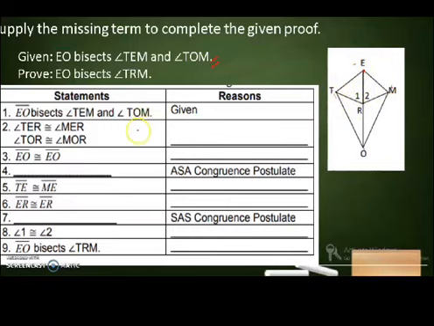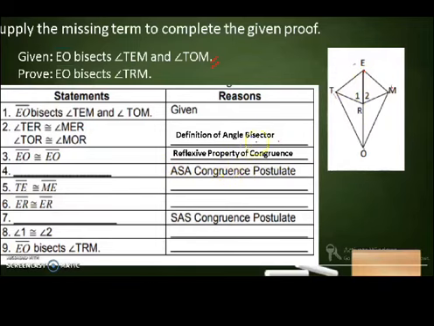And we have another two angles formed, angle TOR and angle MOR. By the reason of definition of angle bisector, we have now segment EO is congruent to segment EO by the reflexive property of congruence.